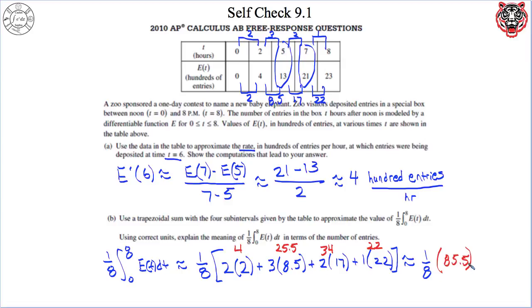And when I divide that, I should get approximately, maybe I should go to the next line because I want units also. So this is approximately 10.688. And that is going to be 100 entries.